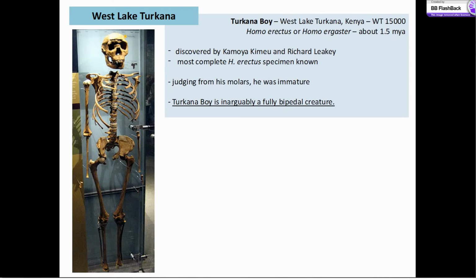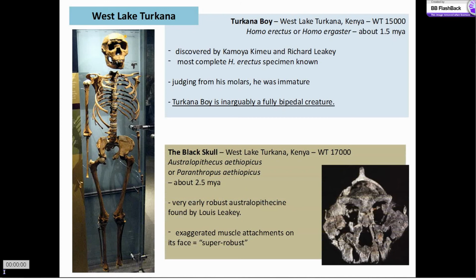Now, note here, I call him a Homo erectus or Homo ergaster. Well, to continue talking about erectus versus ergaster, erectus was the original name for the species, as it was discovered in Java, which we'll talk about later. And when the Leakeys started uncovering specimens that looked like Homo erectus in Africa, they classified them as Homo erectus.